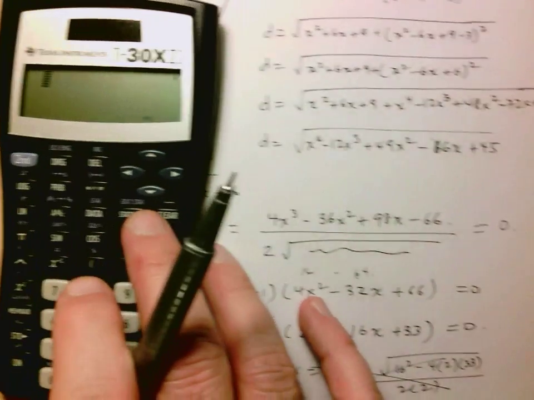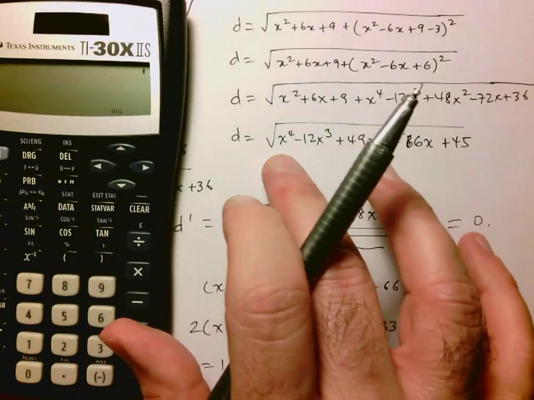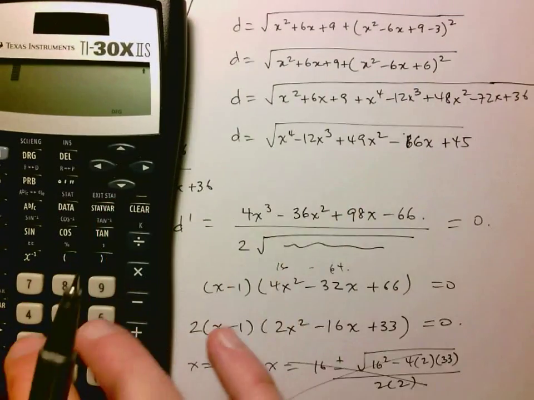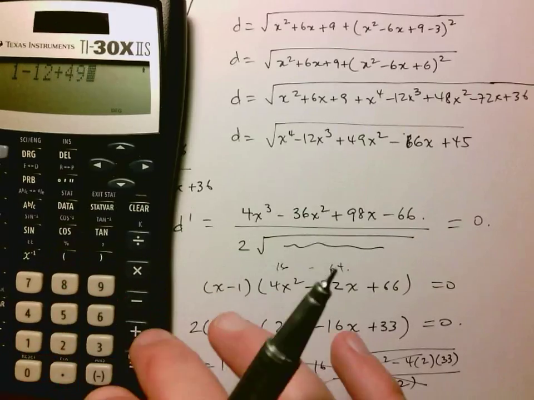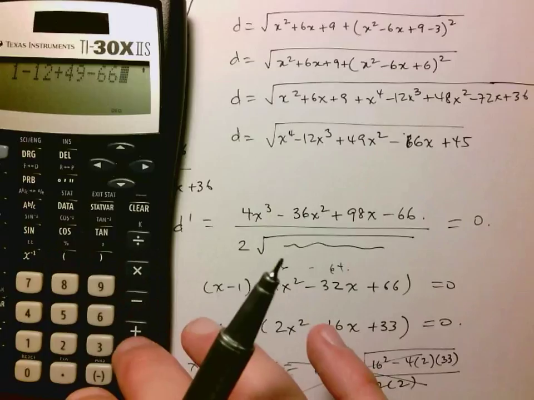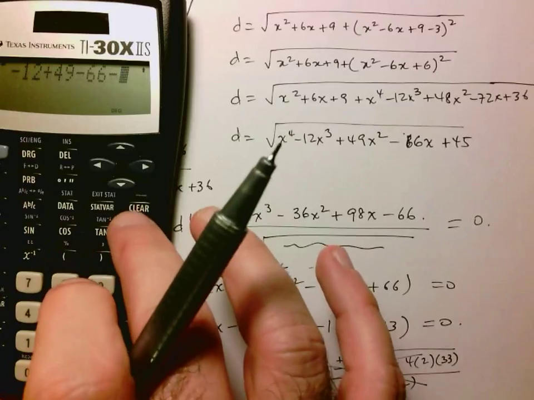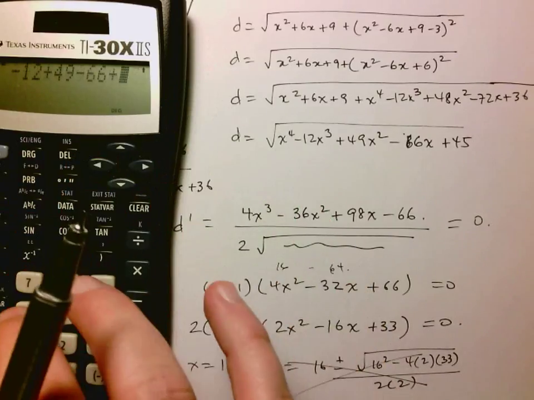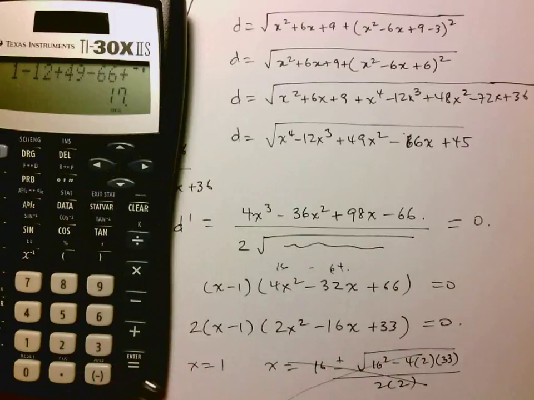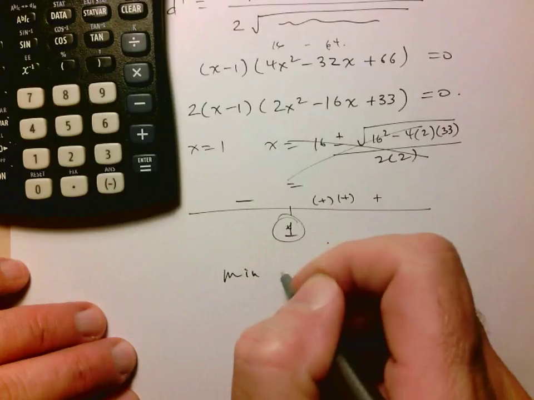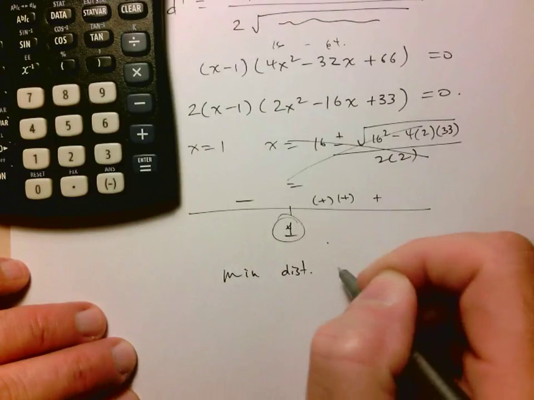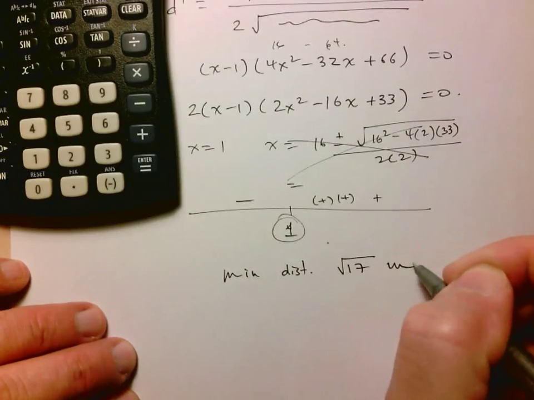Well, I'm going to want an exact answer, so I won't put in the square root unless it's a perfect square. So here we have 1 minus 12 plus 49 minus 66 plus 45 equals 17. Okay, so the minimum distance is going to be root 17 units.